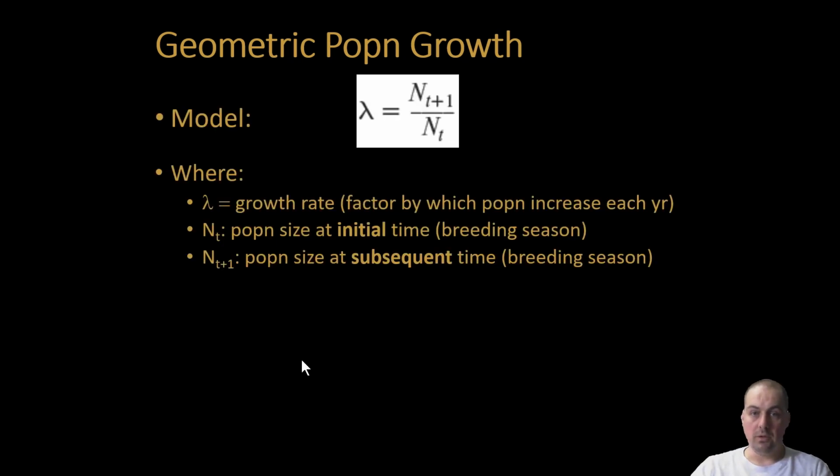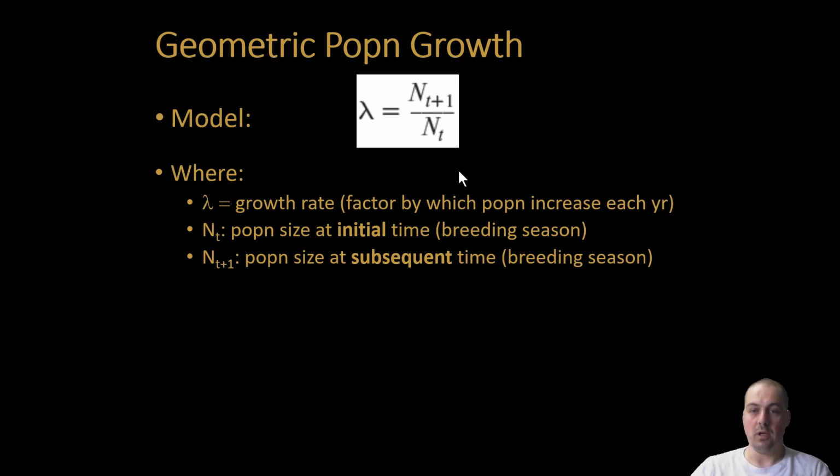So the model that we use to describe geometric population growth is as follows. Lambda equals Nt+1 over Nt, where lambda is your growth rate, or the factor by which the population increases every year. Nt is the size of your initial population, or your population at your initial breeding season.